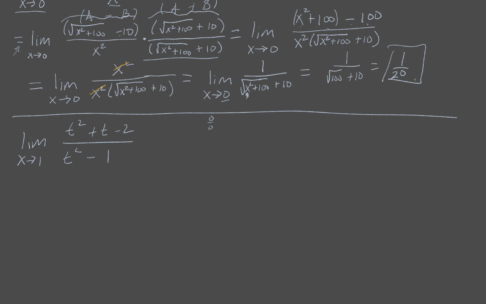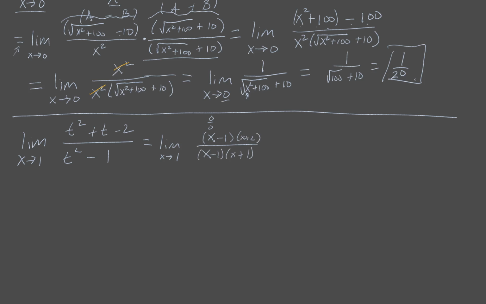Which is a good hint that we can do some algebraic manipulation with this. So let's see if we can simplify things, and the first way we're going to do that is we're going to factor stuff out. I have to write this limit out again still. The numerator factors as x minus 1 times x plus 2. The denominator factors as x minus 1 times x plus 1.